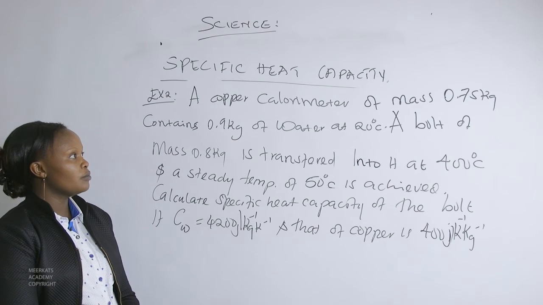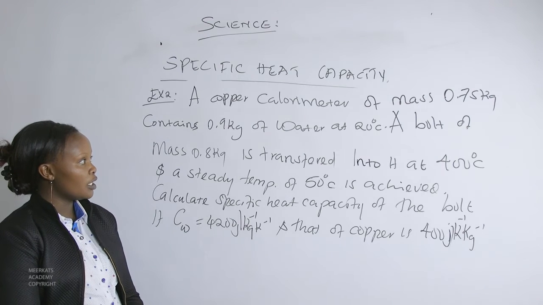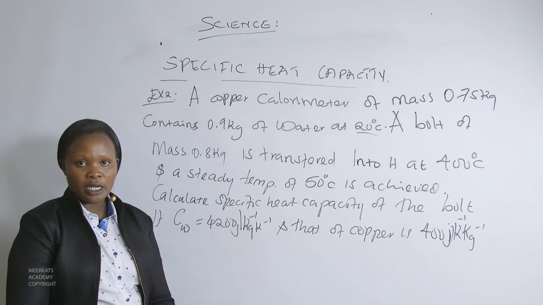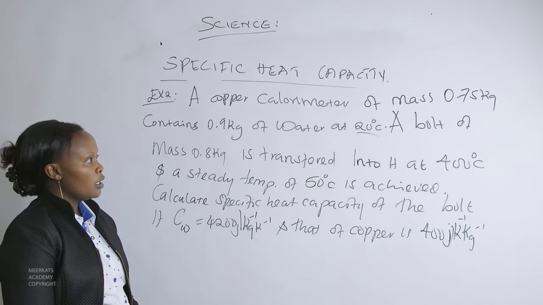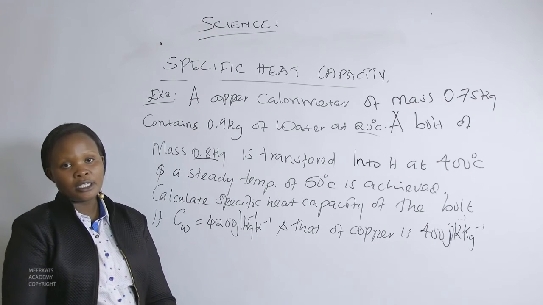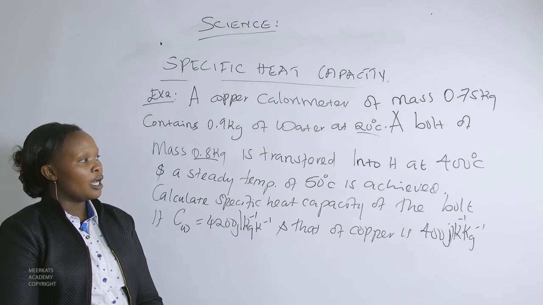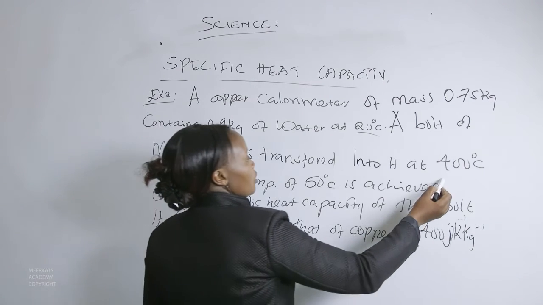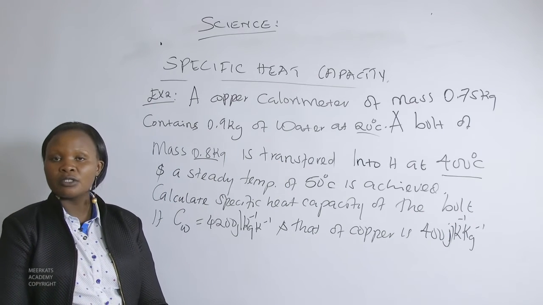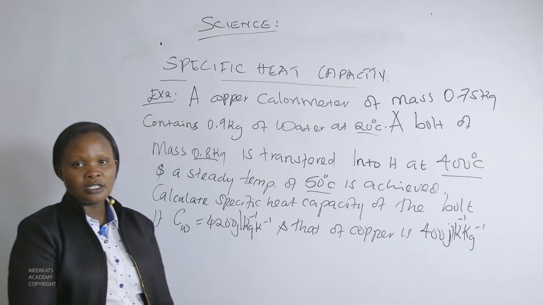A copper calorimeter of mass 0.75 kgs contains 0.9 kgs of water. All of them are at 20 degrees centigrade. So that one is what we are going to take as our initial temperature for the two. Then a bolt whose mass has been given as 0.8 kgs is transferred into the calorimeter, and the bolt is at an initial temperature of 400 degrees centigrade, and everything in the container achieves a steady temperature of 50 degrees centigrade.